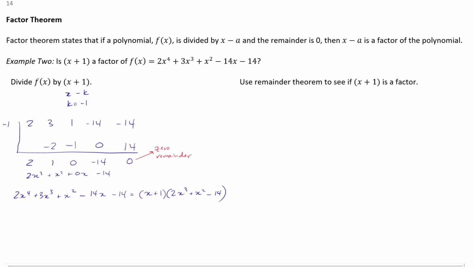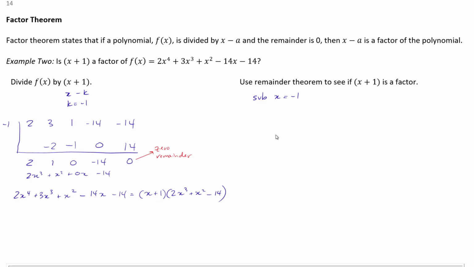So that was a lot of work just to find out that x plus 1 was in fact a factor. We'll just use the remainder theorem, and we will sub x is equal to -1 right here. Because if we sub x is equal to -1 into the function and it returns a remainder of 0, then we know that it's a factor.